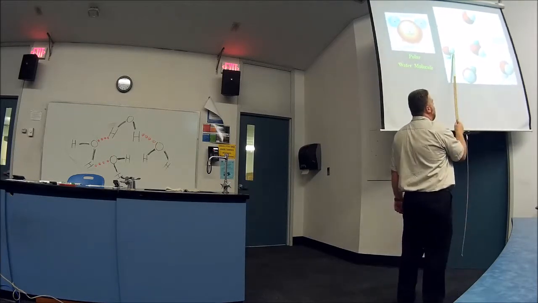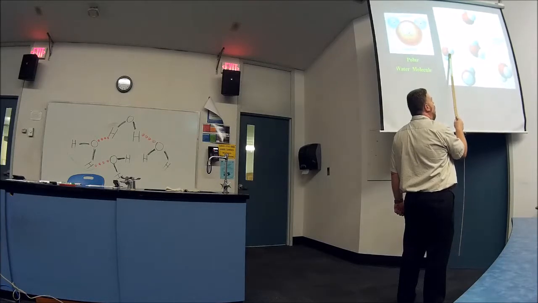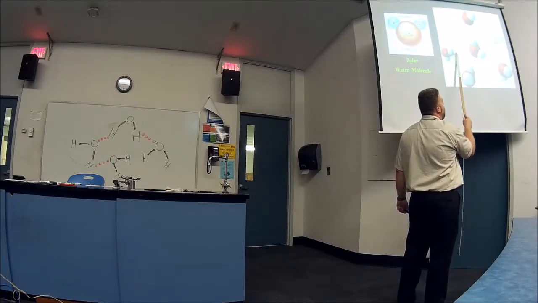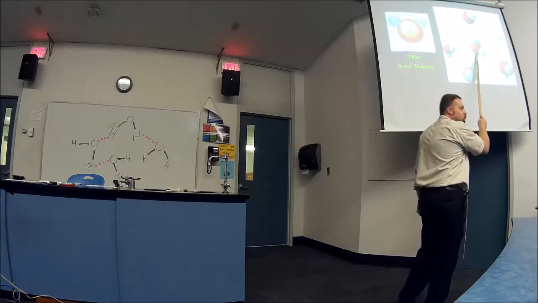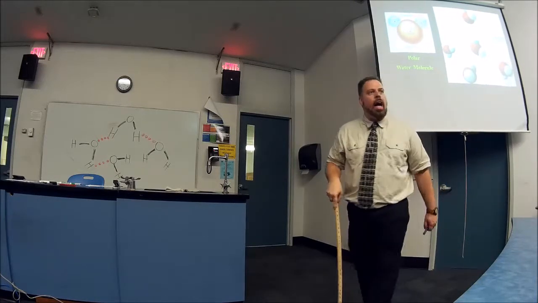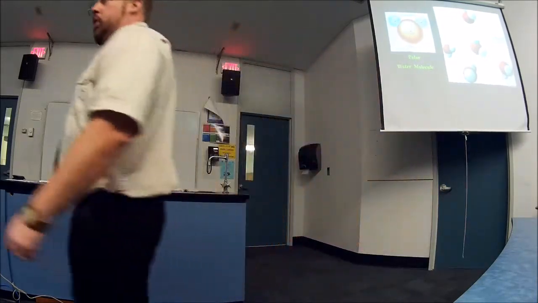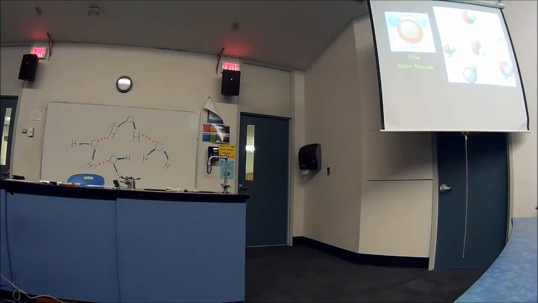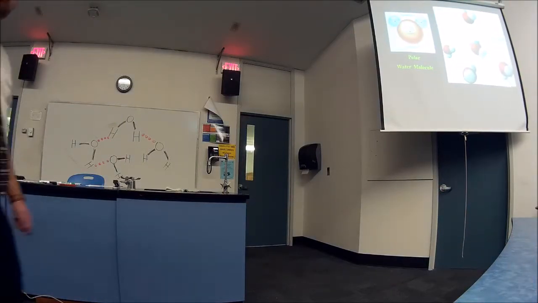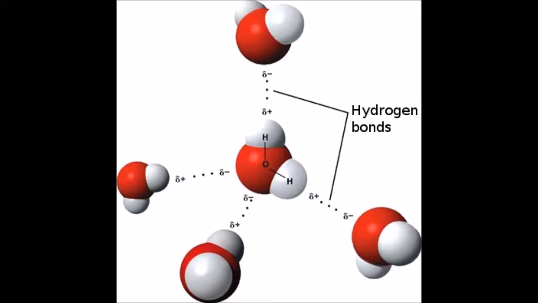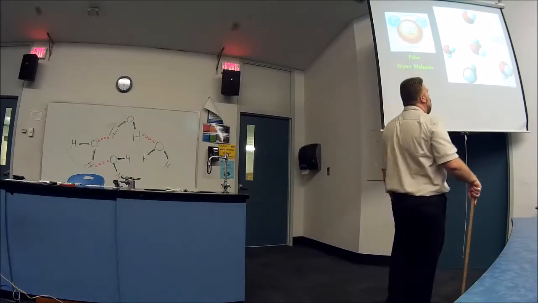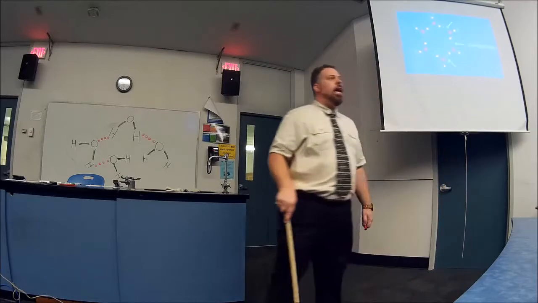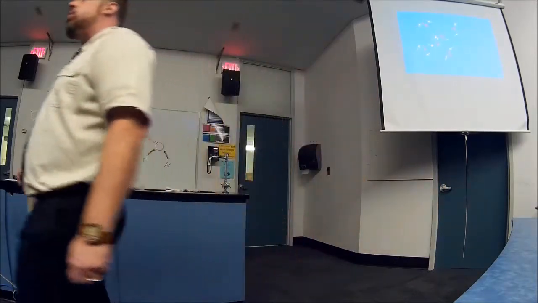The hydrogen of one molecule will form a hydrogen bond with an oxygen of another. Not a hydrogen of another, an oxygen. Hydrogen is positive, oxygen is negative, so they'll attract that way. See, it's forming a three-dimensional kind of figure.